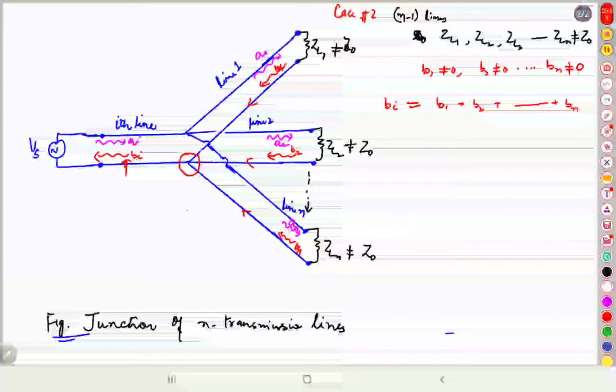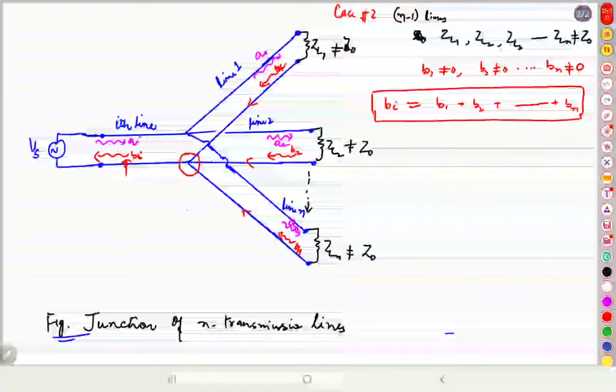Now what is Bi? This is the general expression. So the wave that comes at the ith port is the summation of all the reflected waves from port 1 to port n. Here, as you know, i can be any of the lines. In this case, i is the ith line to which the source is connected, and i can vary from 1 to n.